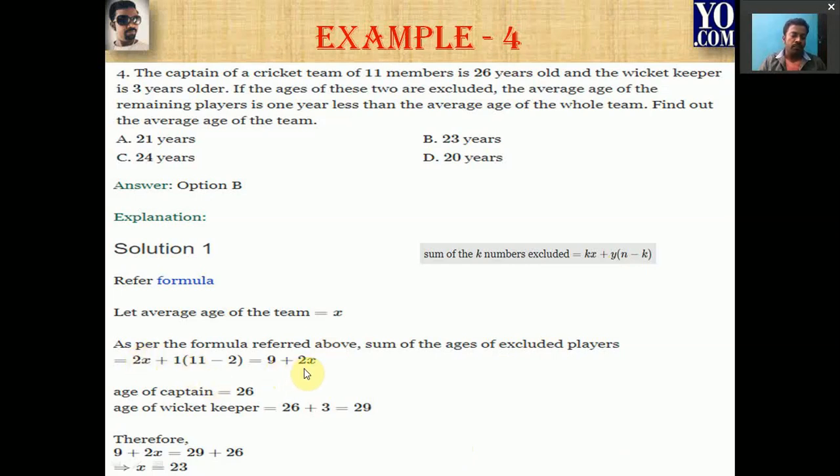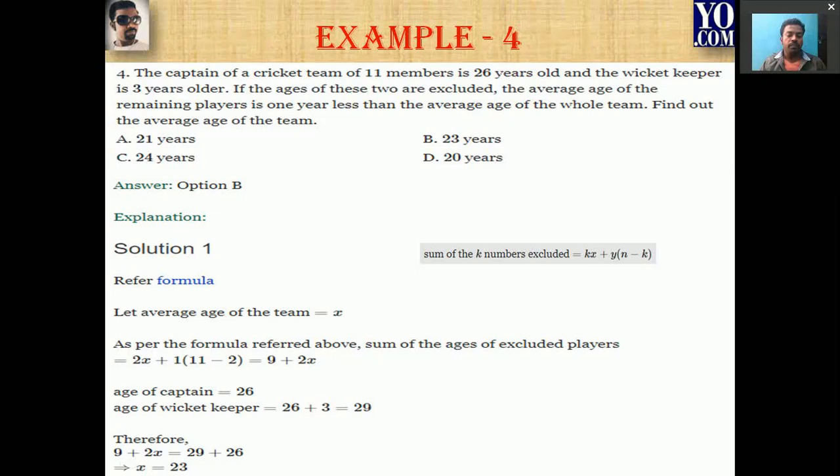Then you will get the equation format: 9 plus 2x, where x is the average age of the team. Now we can see the age of captain is 26. Then the age of the wicket keeper is 3 years older than captain.